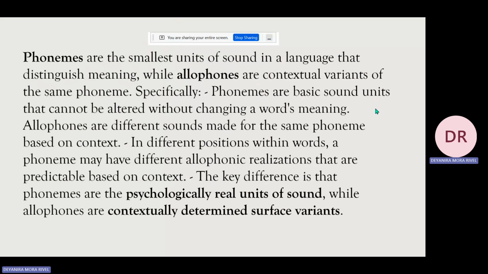The key difference is that phonemes are psychologically real units of sound, while allophones are contextually determined surface variants. So this means that a phoneme is what we have in our mind, what we think each sound is like. But that sound is going to change in different contexts. And that is what we're really going to pronounce.